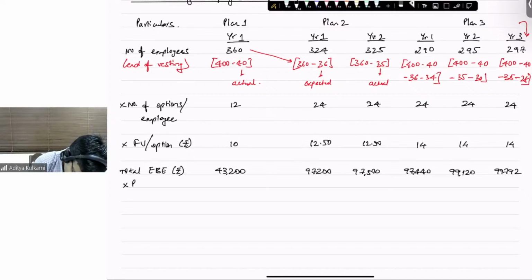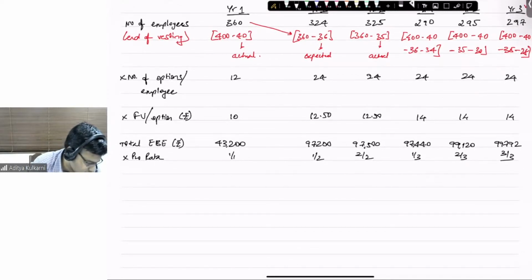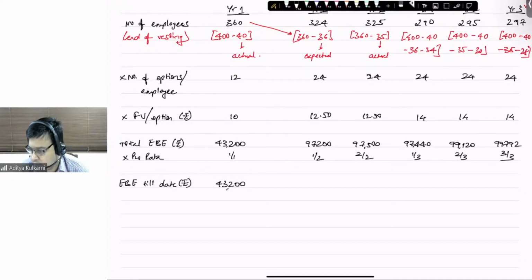Prorata: this is for 1 year, this is for 2 years, this is for 3 years. So this is going to be EBE till date. 43,200, then 48,600.